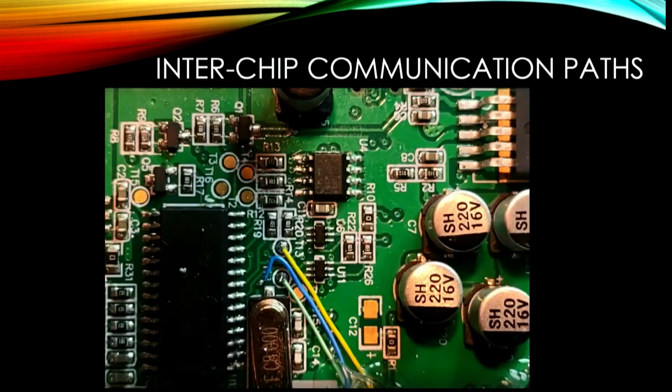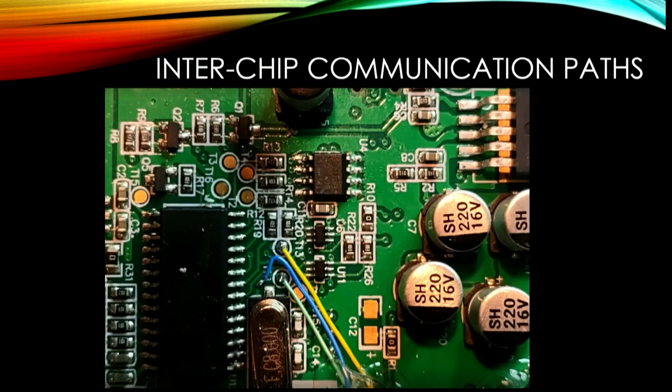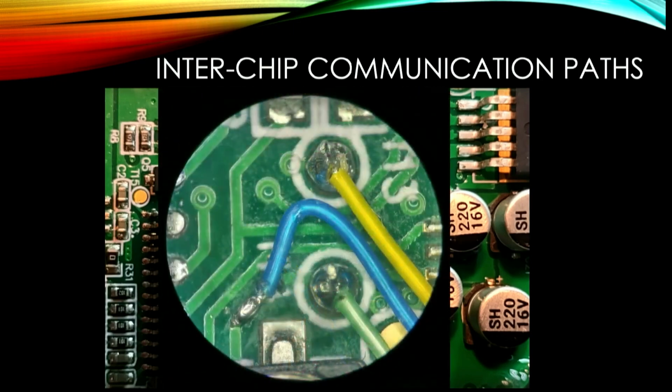If you saw my talk last year on interchip communication analysis on IoT devices, one of the things I like to do, especially when we're dealing with UART, and you can't do this with USB, is actually cut the runs.